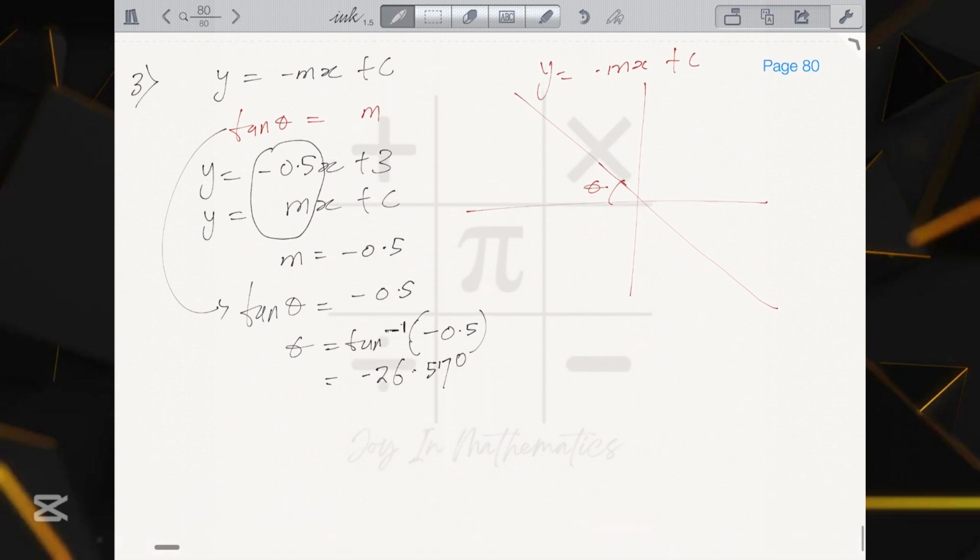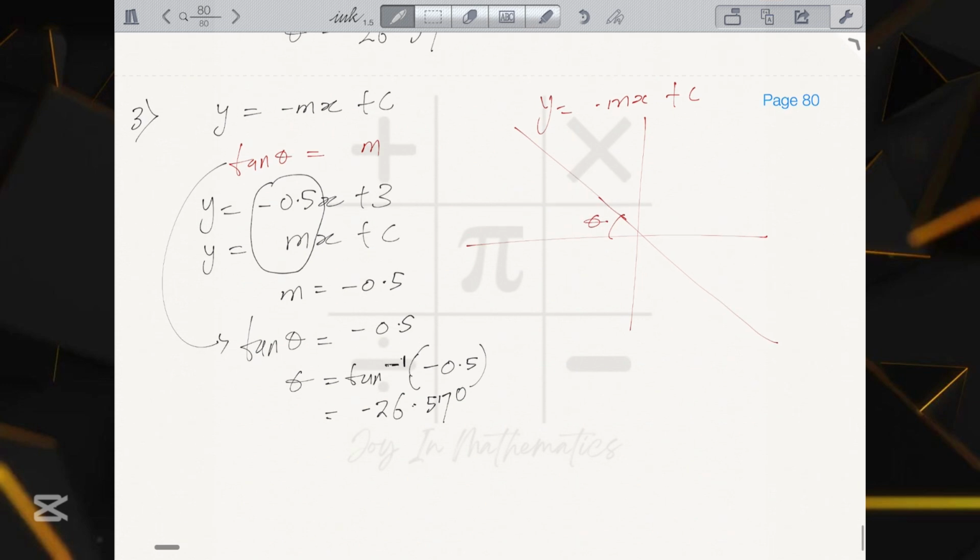Now since angles are measured counterclockwise, that means anti-clockwise, then the positive angle will simply be 180 minus 26.57 degrees, and this will be equal to 153.43 degrees. So the angle this equation makes with the x-axis is 153.43 degrees.